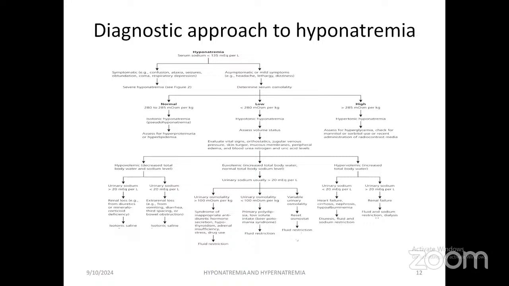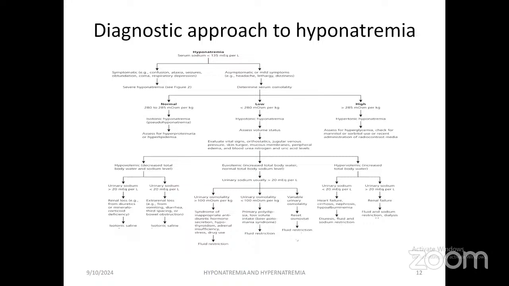Coming to euvolemic status, usually urinary sodium is greater than 20 milliequivalents per liter. Then we go for checking the urinary osmolality. Is the urinary osmolality greater than 100, less than 100, or variable?